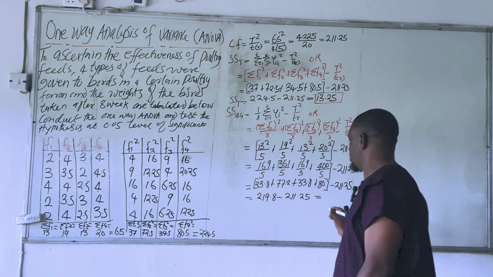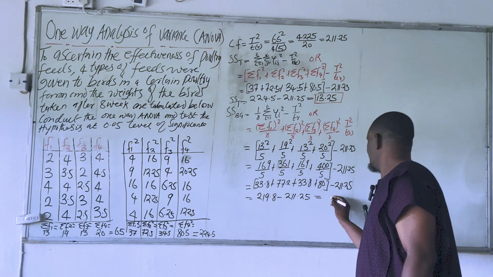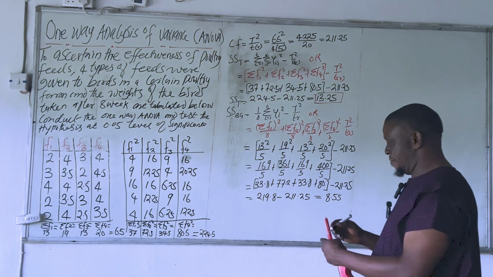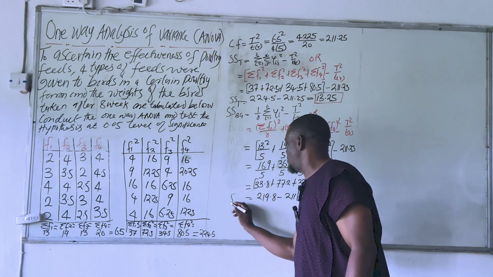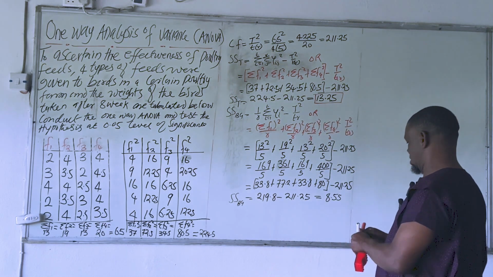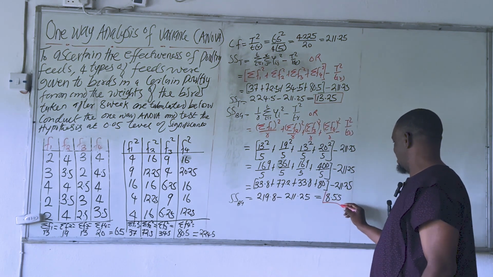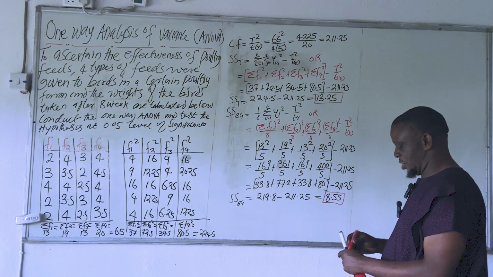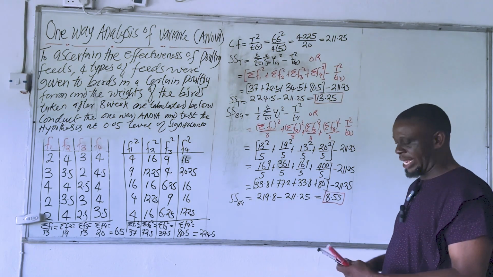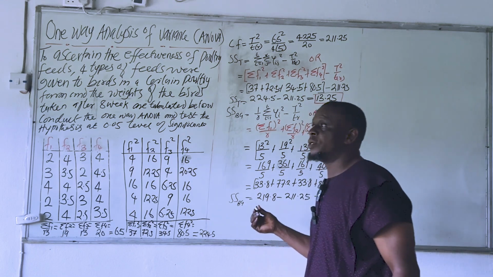So that will be equal to 8.55. So that means that our sum of square between group is equal to what? 8.55.